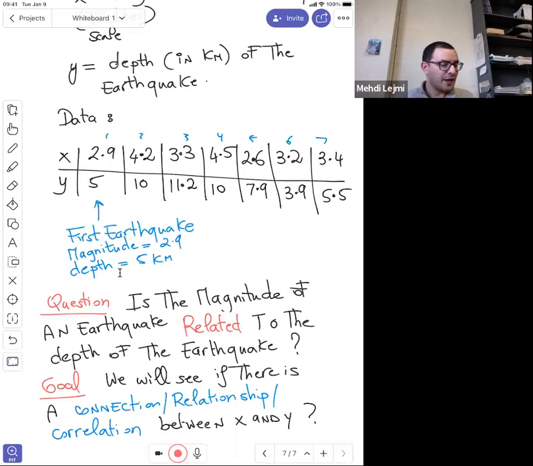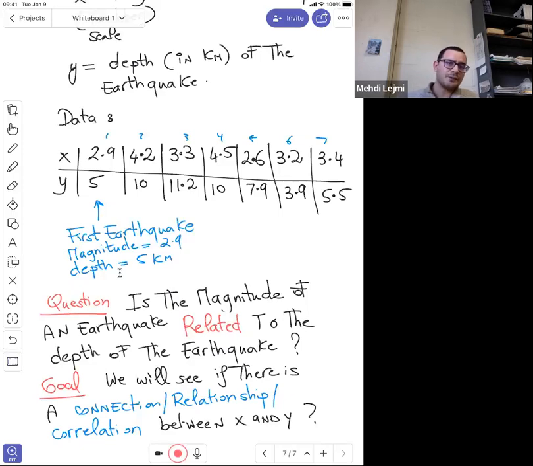All right, so before answering this question, whether there is a relation between the magnitude and the depth of the earthquake, first we're going to try to represent the data. We have seen different ways to represent data, using frequency tables, histograms, etc. But this case is kind of different, because here we have data pairs: there's an X and there's a Y, a magnitude and a depth.